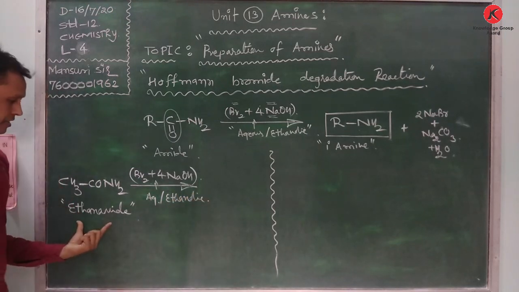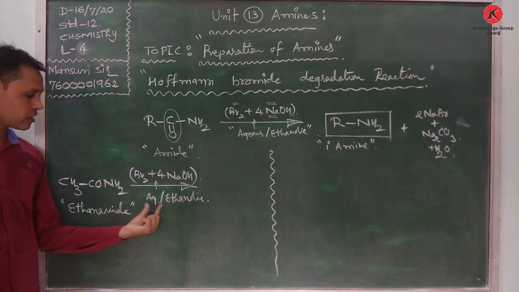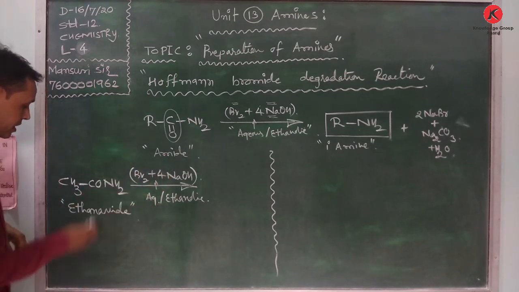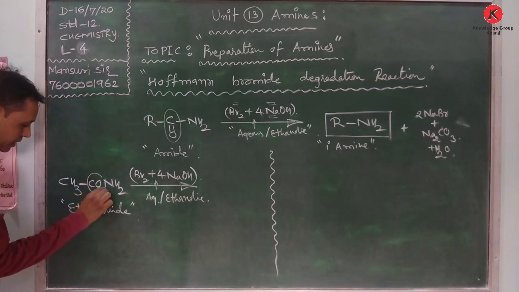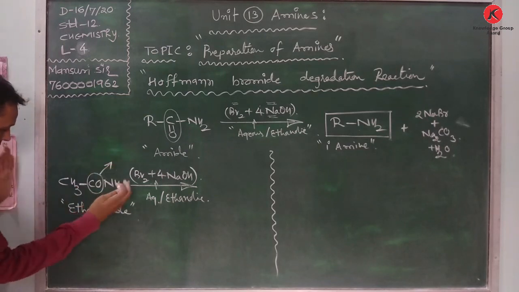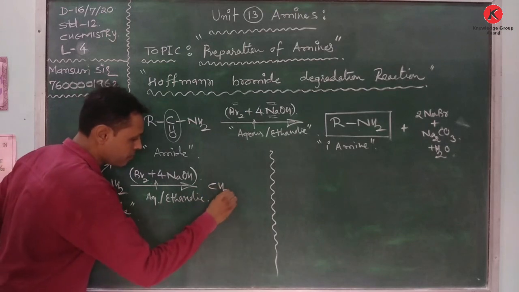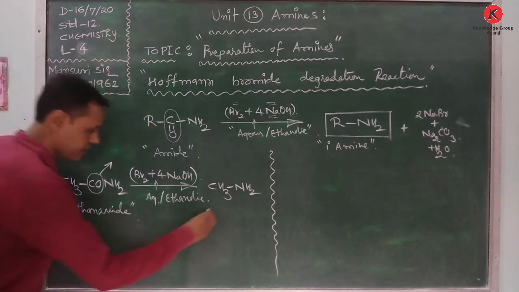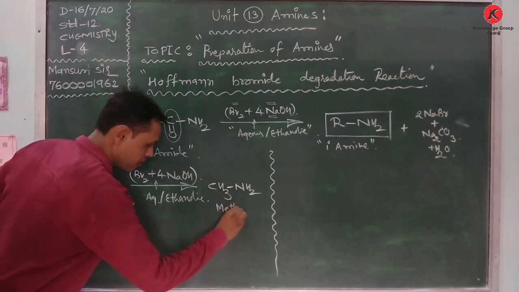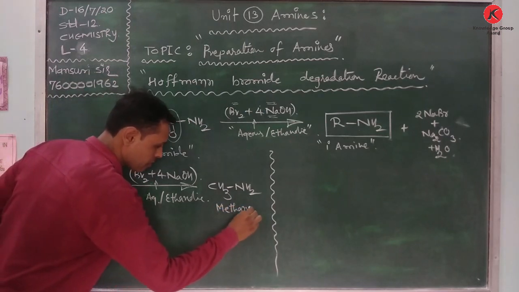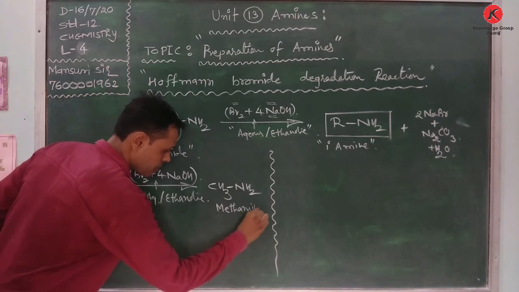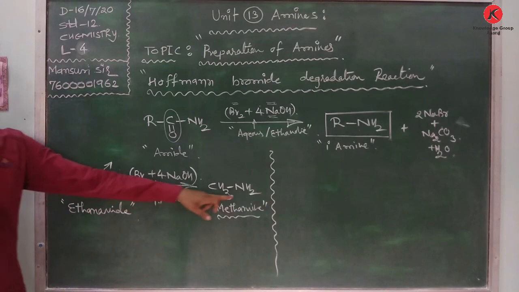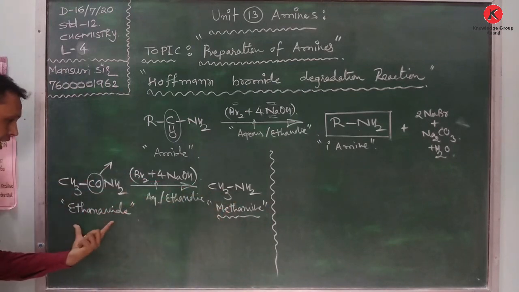When ethanamide reacts with the aqueous or ethanolic Br2 and NaOH mixture, then the CO will be removed and methylamine will be formed. So this is methanamine or methylamine. Methanamine is formed from ethanamide.